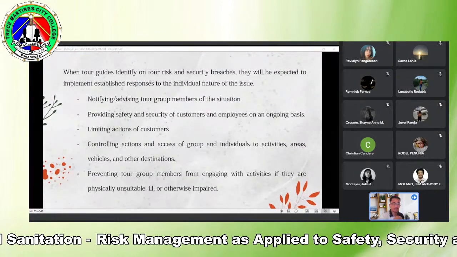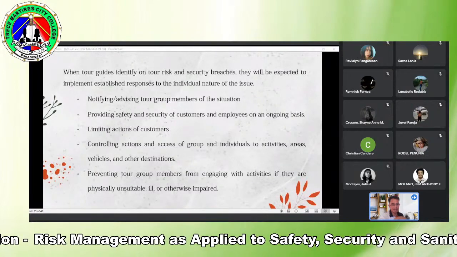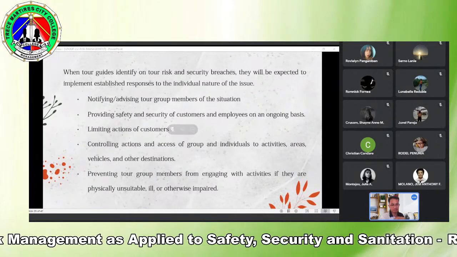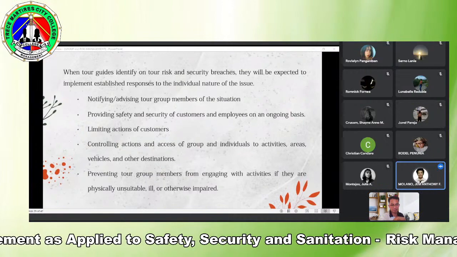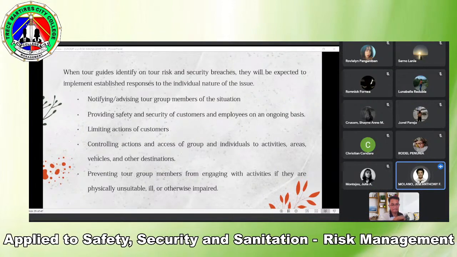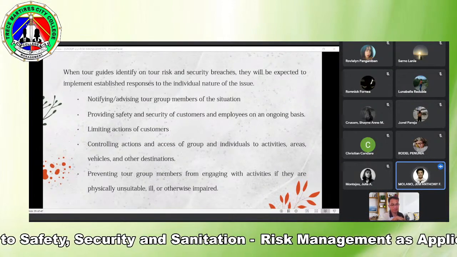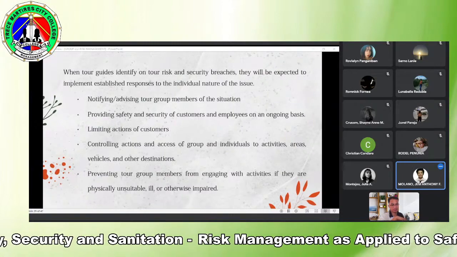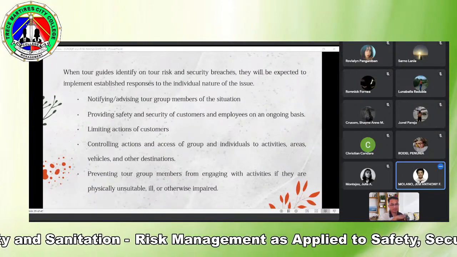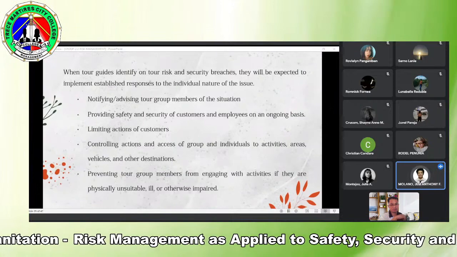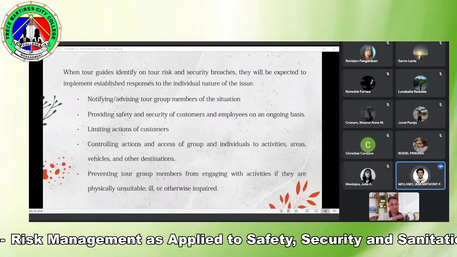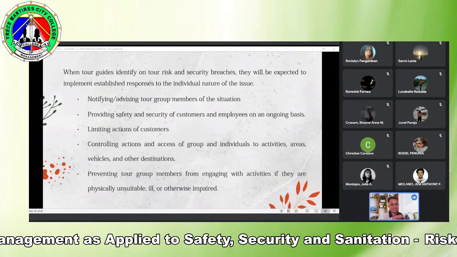Yes. In Tagalog, sa Tagalog, anong sasabihin, Mr. Molano? Translate mo sa Tagalog.